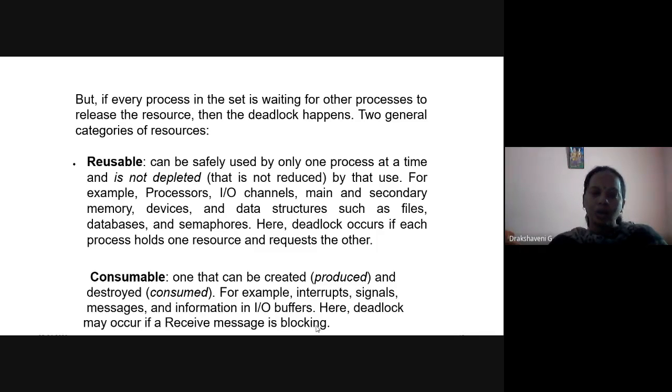At one particular time we are calling, we are connecting, and the resource is not depleted or reduced by that use. For example, processes, input output channels, main memory or secondary memory, or any device or data structures such as files, databases, and semaphores. Here, deadlock occurs if each process holds one resource and requests the other.